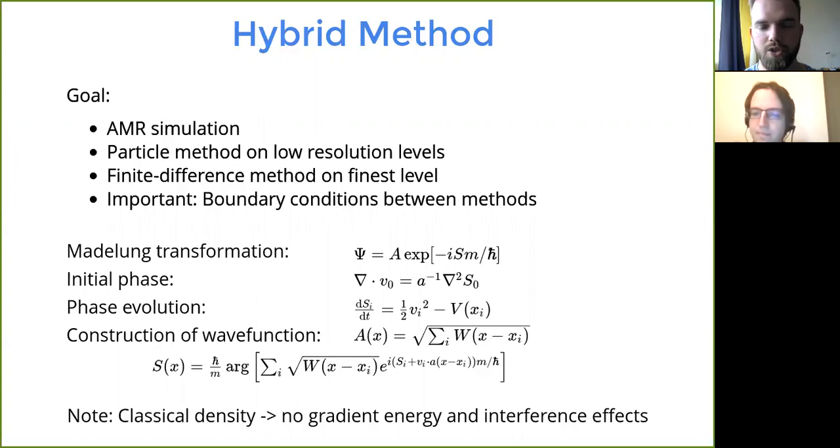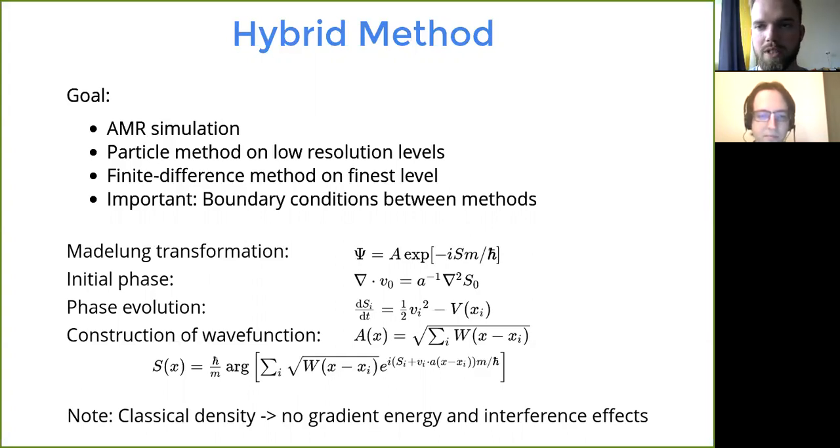And then the tricky part is really the boundary conditions between these 2 methods, where we have both a spatial boundary between different levels and also a temporal boundary, in the sense that the initial collapse is completely done by n-body particles, and then only once we enter the slightly weakly nonlinear regime, we start to introduce the finite difference method. So there's also an initial conditions problem here.